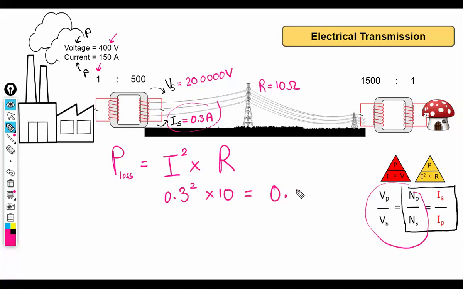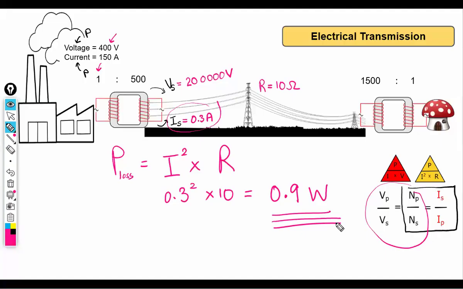You're getting 0.9 watts. Look how small that value is compared to the previous value. The last value was 2 million and something. This time the power loss didn't even make 1 watt. So you see how a transformer can save a country a lot of money, right? It saves you a lot of money.